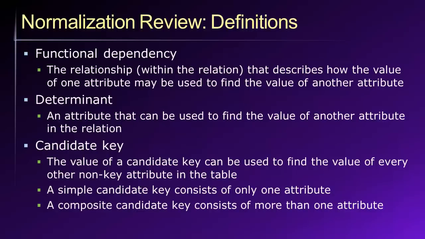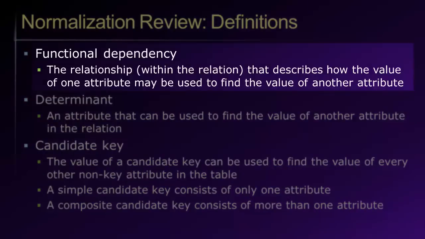Next, let's briefly review some of the definitions associated with the normalization process. First is a functional dependency. Now, a functional dependency refers to a relationship among attributes within a relation such that the value of one attribute can be used to find or identify the value of another attribute or set of attributes.